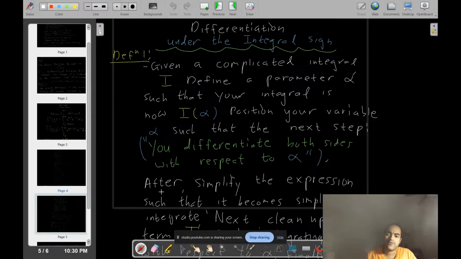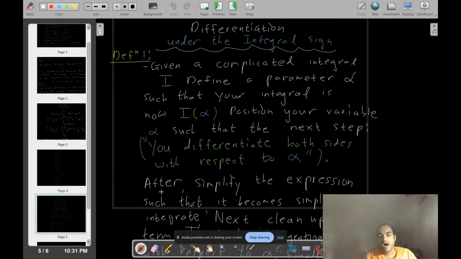In other words, by creating a parameter, it could be alpha, beta, gamma, z, it doesn't matter what you call it, such that your integral is now I as a function of alpha, you are making your integral a function of alpha too, not just a function of x. That can help you integrate your problem.